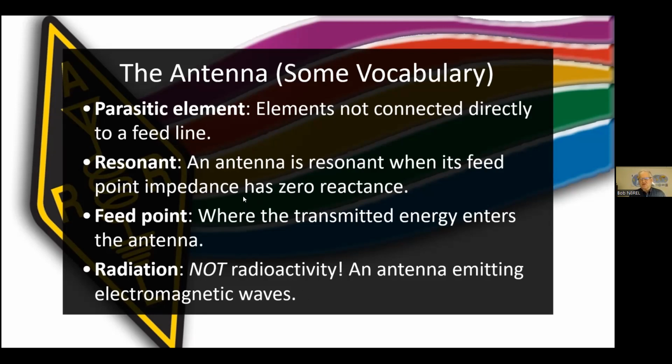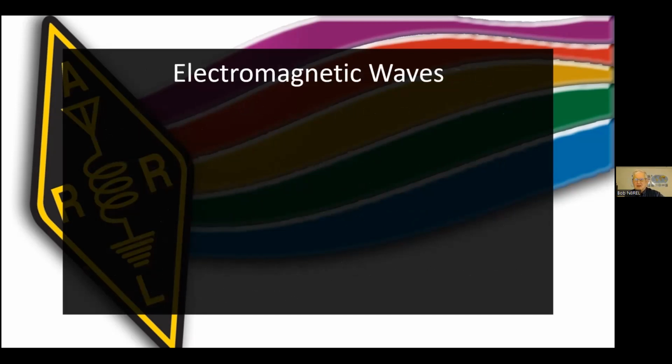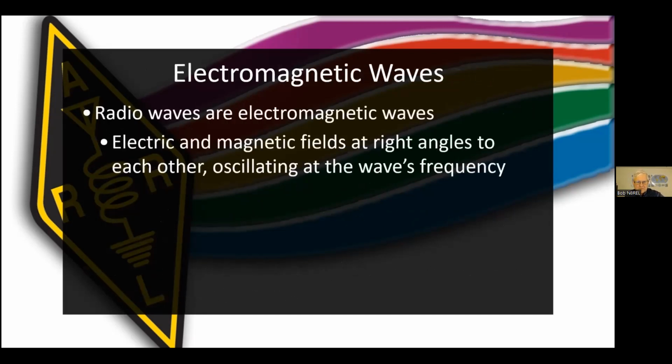We talked a little bit about the tuned circuit. Resonant is when your feed point impedance on your antenna matches the impedance of your feed line. Just take that as a point of faith, because we're going to talk about some more issues that will make that make more sense.